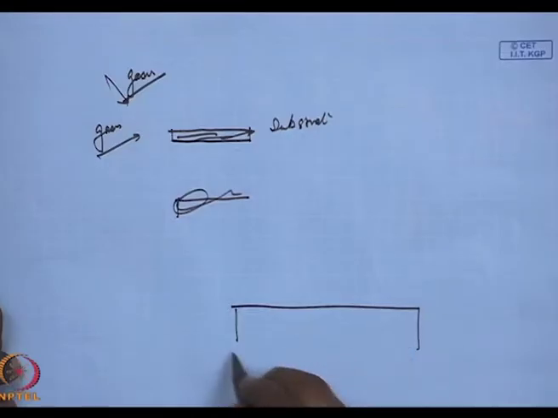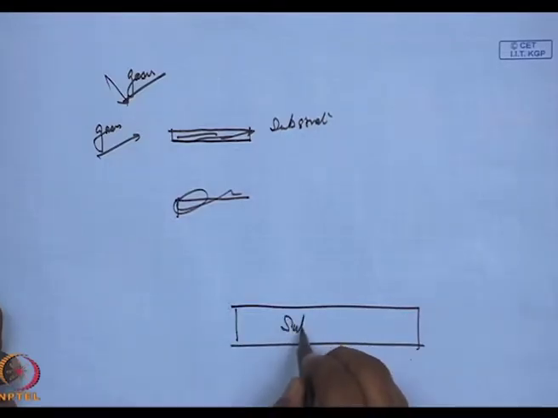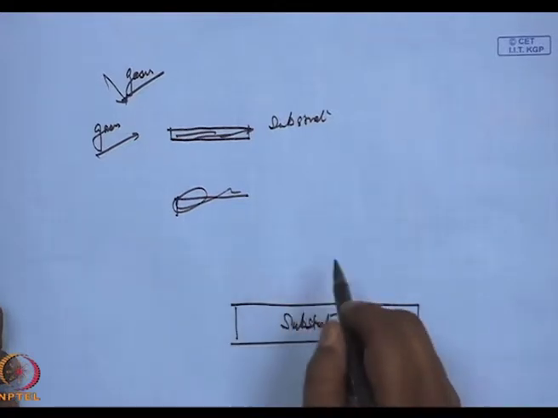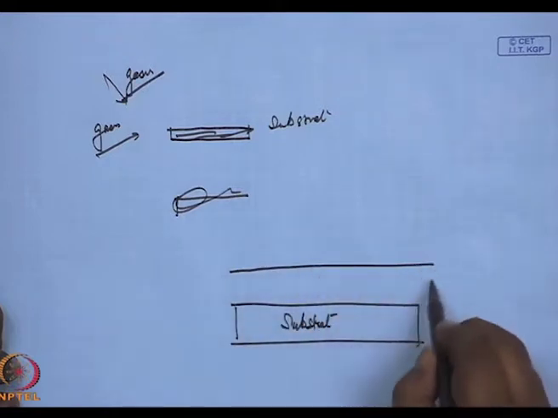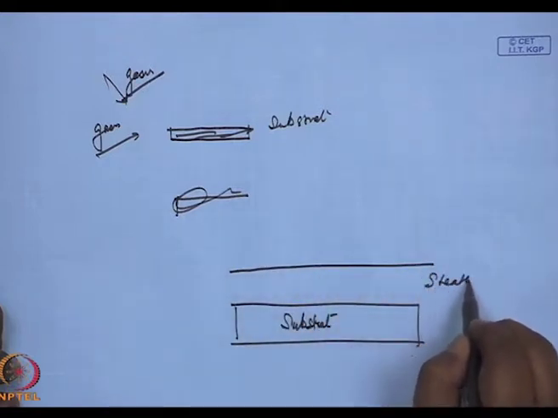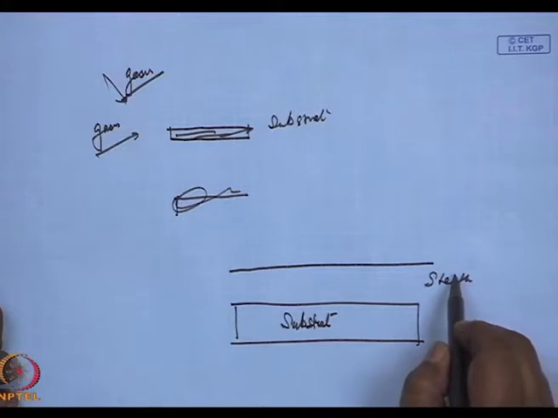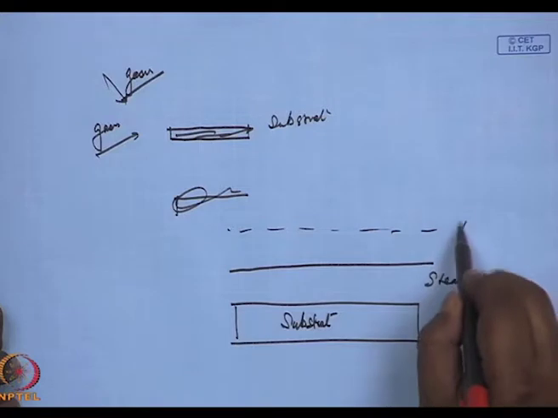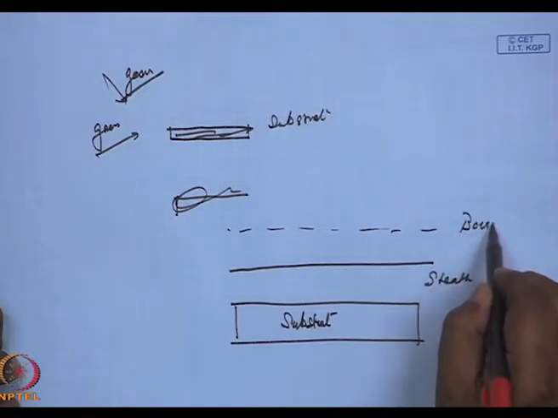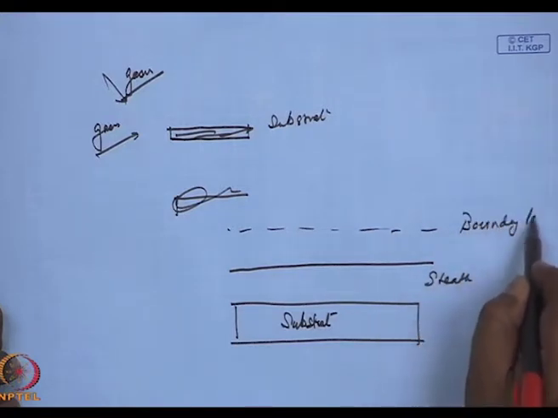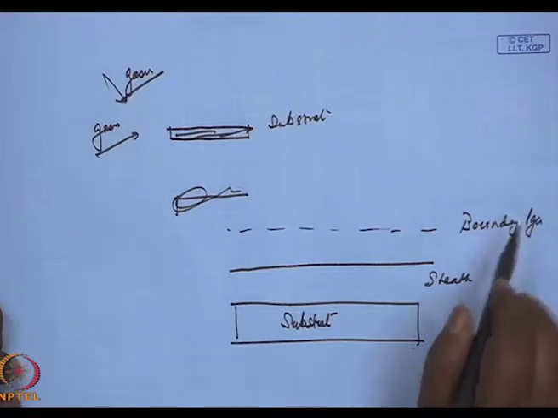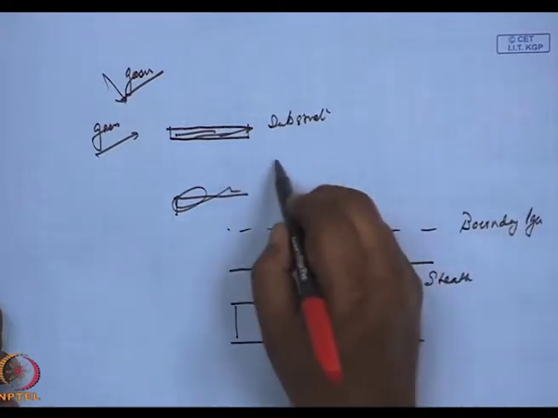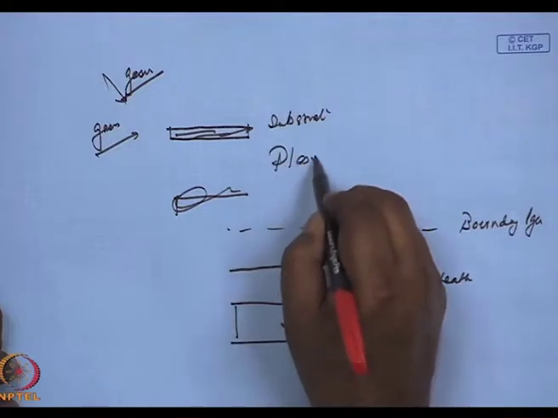What happens is this, that I have got a substrate, this is the sheath. Remember the glow sheath that you saw elsewhere? This is the boundary layer. And here is the entire plasma.